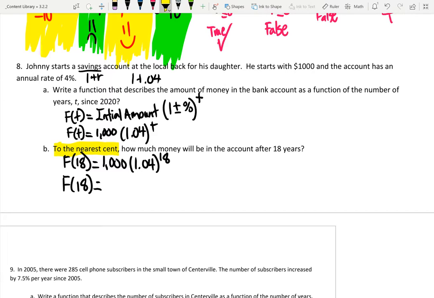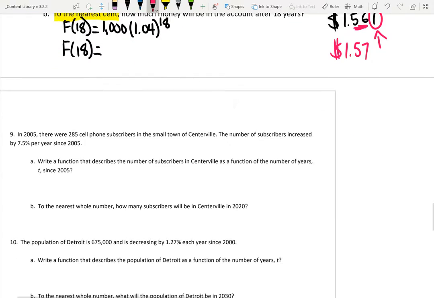For example, if I had $1.567, it has 3 decimal places, and this 7 would cause me to round it up, making it $1.57. Let's jump to another application problem.